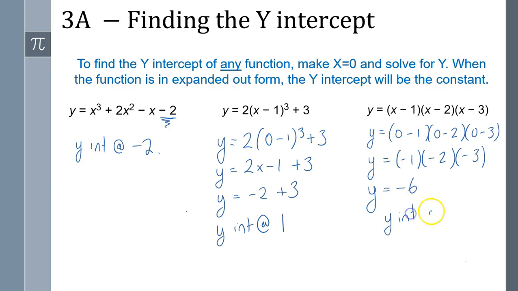So the y-intercept is at -6. Shortcut for that, you can just times the numbers together up here: -1 times -2 times -3. So you can expand out if you want to, but just remember it's often quicker to put in 0 for x and solve that way.